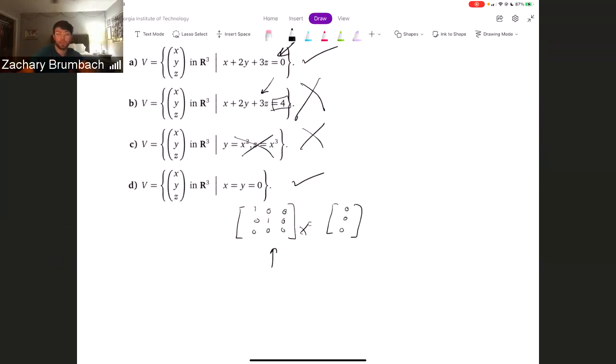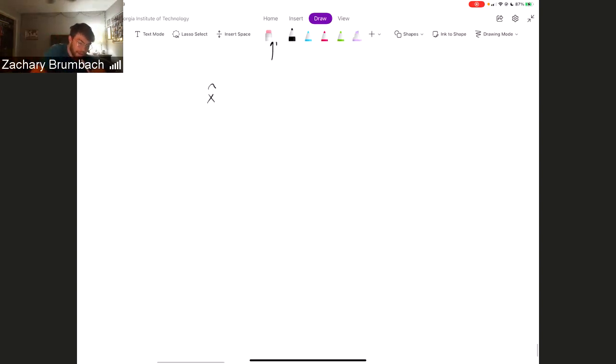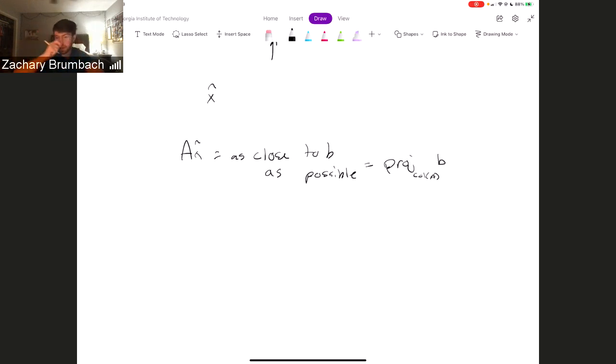That's how you get to your projection. Whenever you find your x hat, A x hat will always get you as close to b as possible, which is the same thing as the projection of b onto the column space of A.